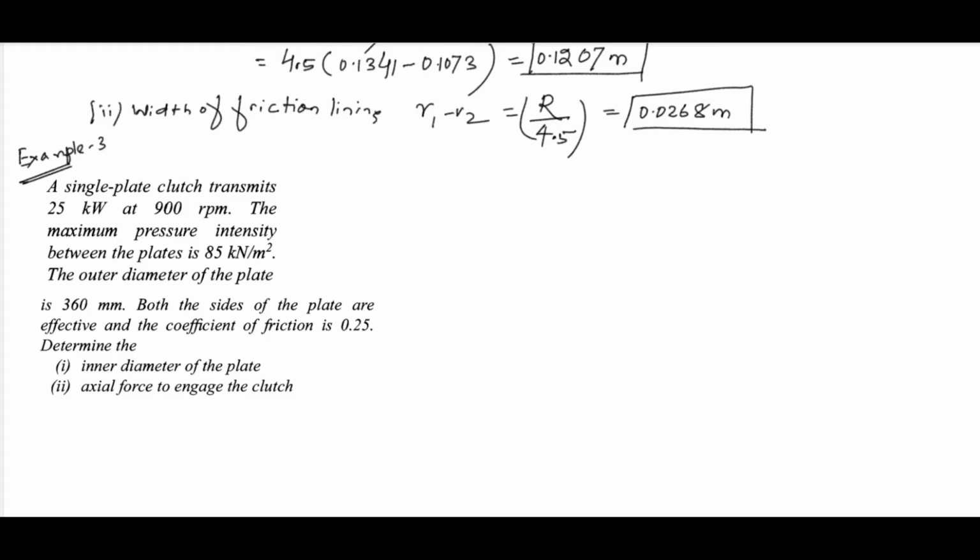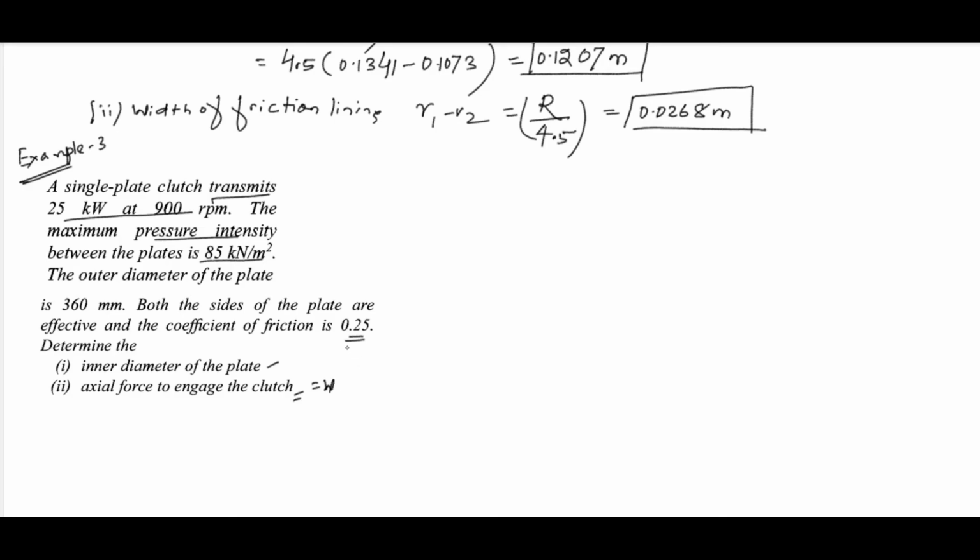So this question is telling a single plate clutch transmits 25 kilowatt at 900 rpm. The maximum pressure intensity is 85 kilonewton per meter square. Outer radius is 360 mm and both sides of the plate are effective. Mu is given 0.25. Determine the R2, that is the inner diameter of the plate, and axial force to engage the clutch, to find out W.